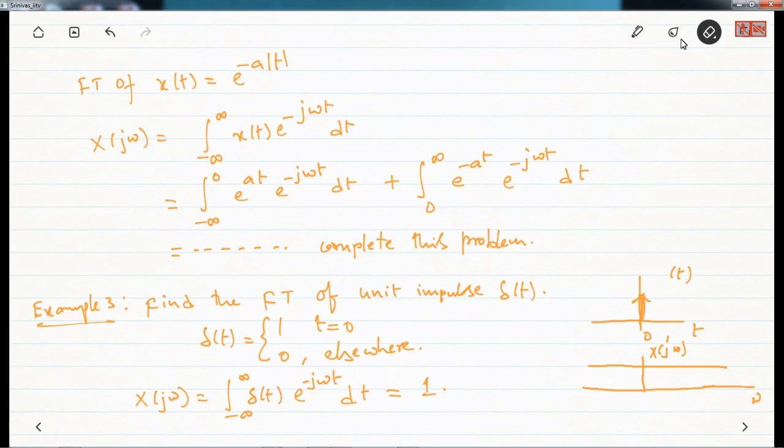We are given x of t equal to delta of t, so the Fourier transform of a unit impulse function is constant.